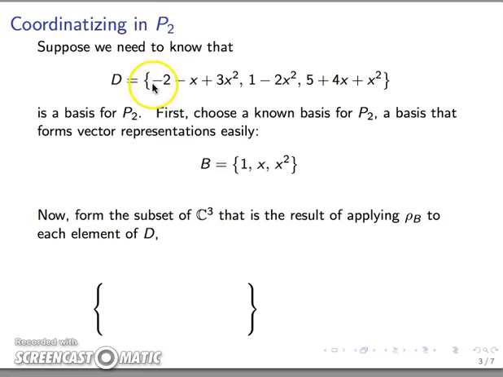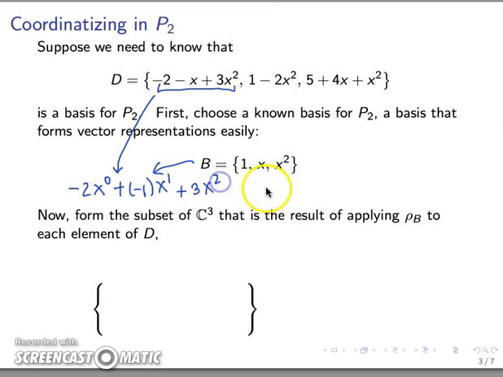Let's take a look at the first polynomial relative to this basis. This first polynomial is written as -2 times x to the 0 plus -1 times x to the 1 plus 3 times x squared. So making use of each member of the set B, we now are using coefficients -2, -1, and 3.